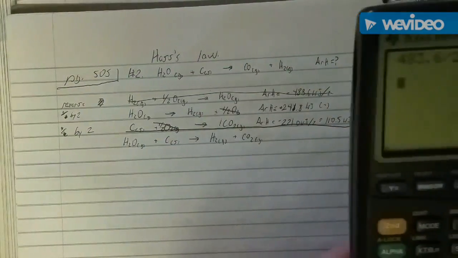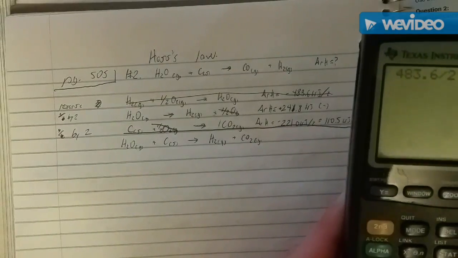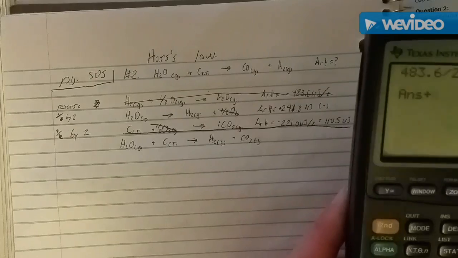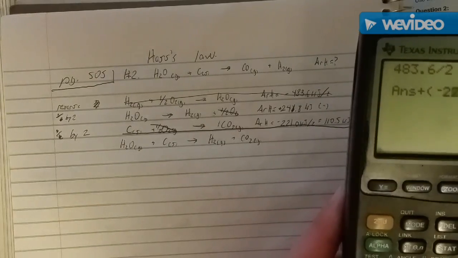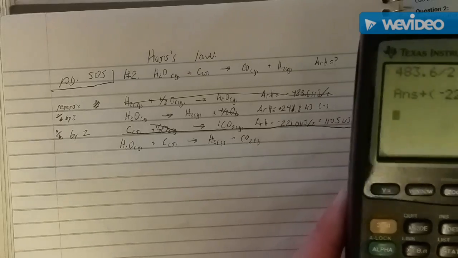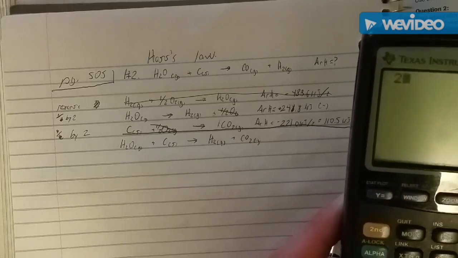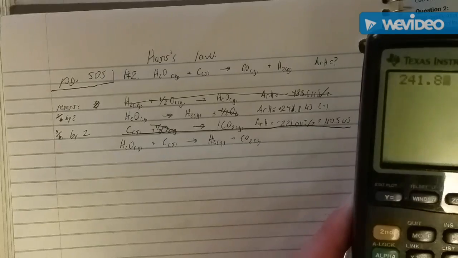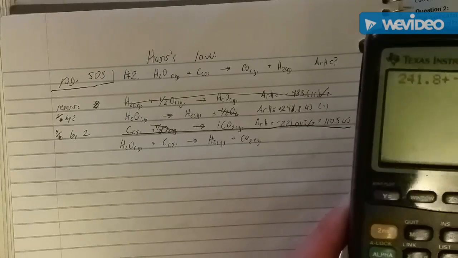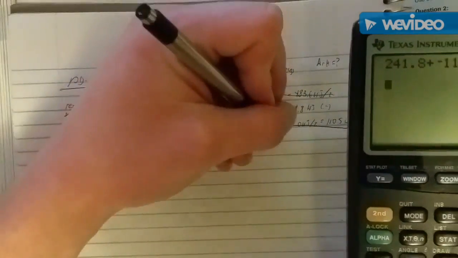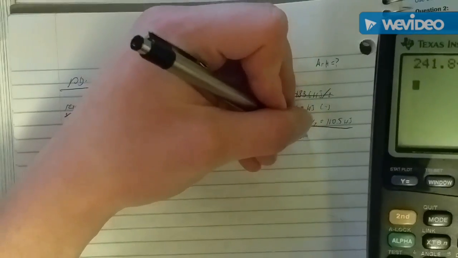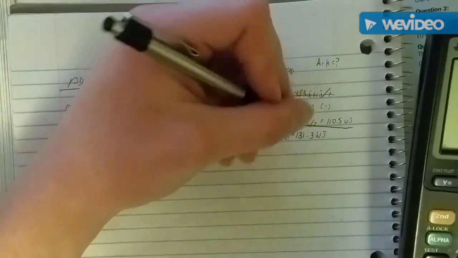So we'd realize that 241.8 positive plus negative 110.5 is equal to our delta RH of 131.3 kilojoules.